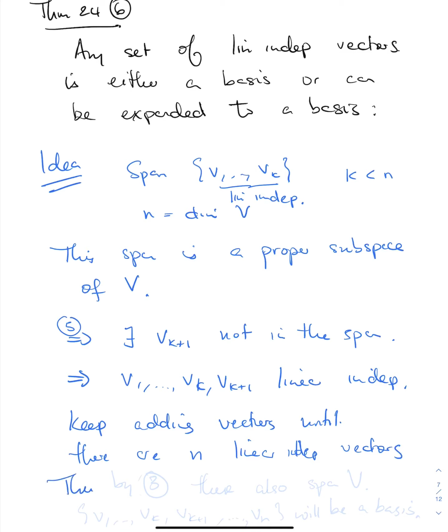Then by 3, these also span V. Then V1 through Vk, Vk plus 1, all the way up to Vn, will be a basis.